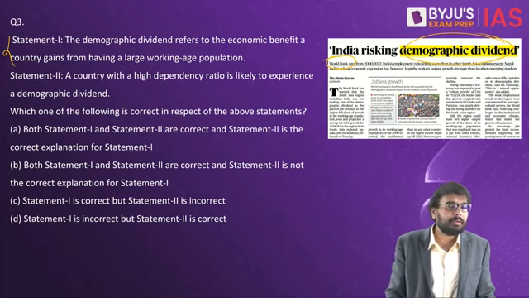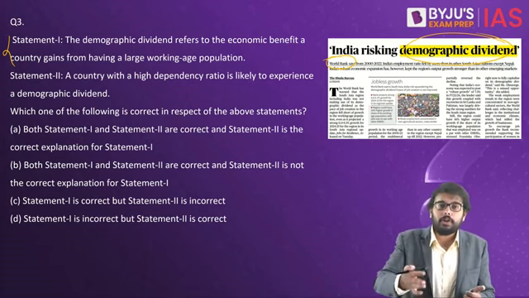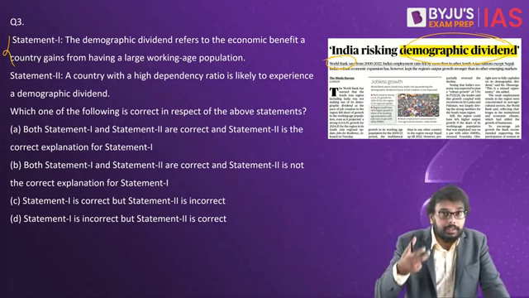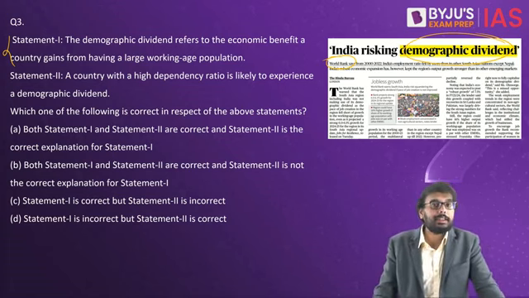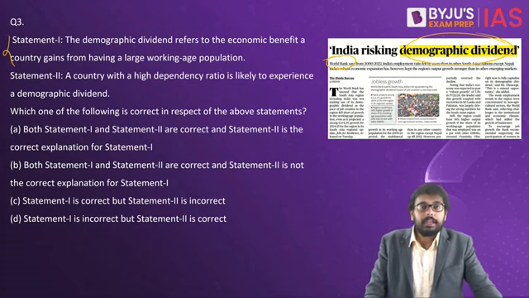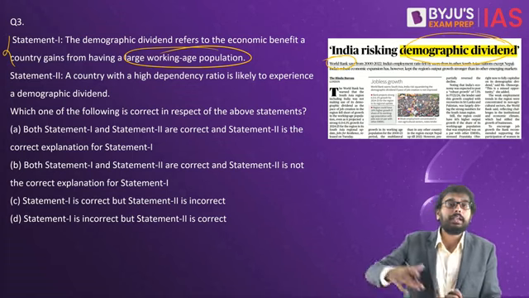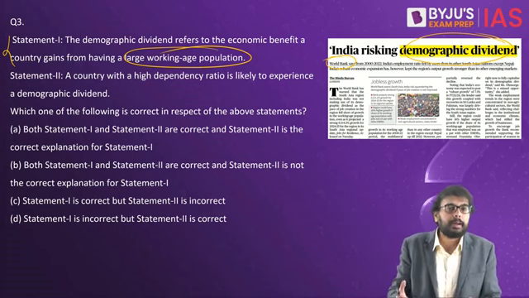Demographic dividend is a phase in economic growth where growth occurs due to changes in the population structure. In the sense, when the working age population is more compared to the dependent population, the non-working age population.